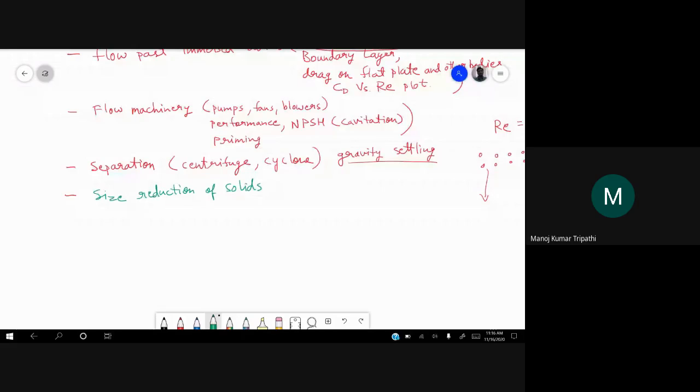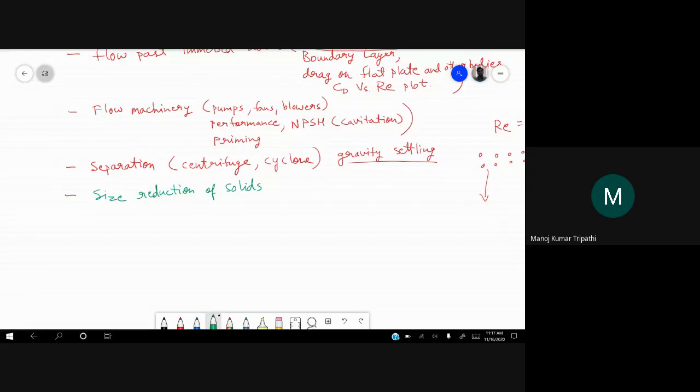When there is mining, coal mining or any other kind of mining for metals, for example. So you have very big chunks of solids, and then you have to reduce the size of those solids and then filter out the material. If it is metal or coal, you have to separate them from the dirt, the mud, or other foreign substances.